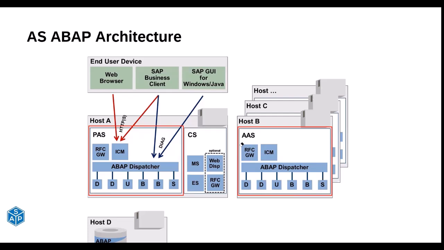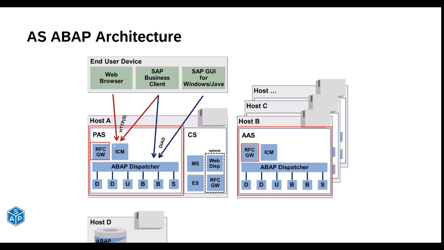Okay, so let me answer this question for you. It's very simple. There is no difference. Can you see any difference between the primary application server and the additional application server? Here is your RFC gateway process. You have the RFC gateway process in the additional application server.